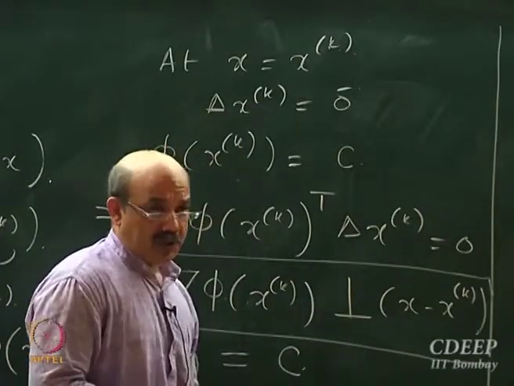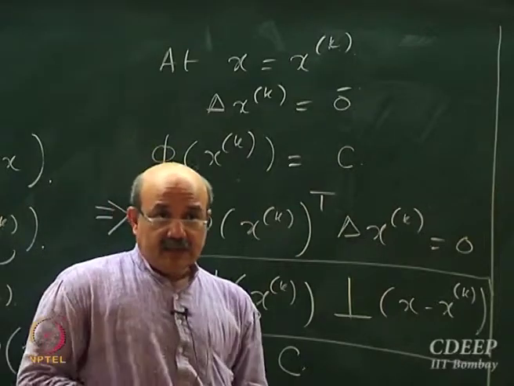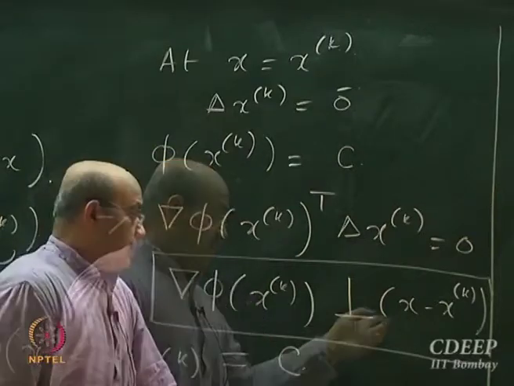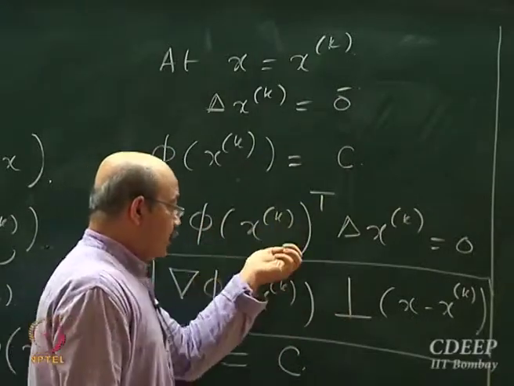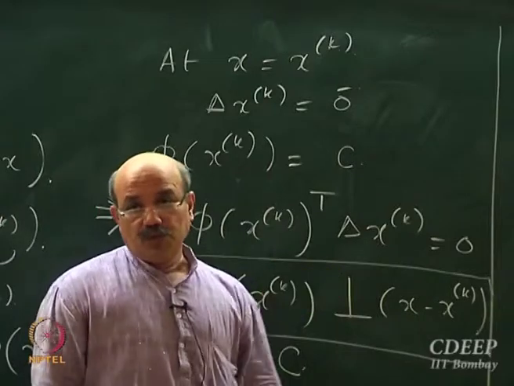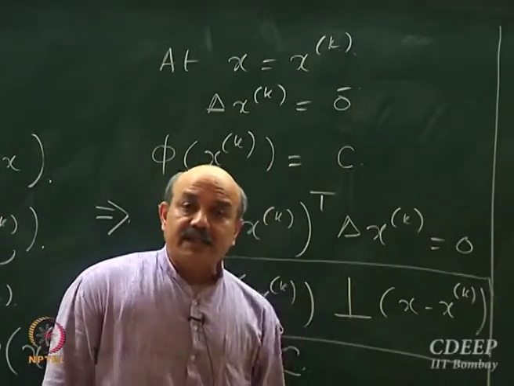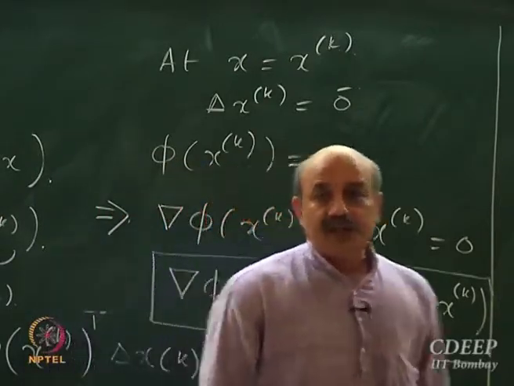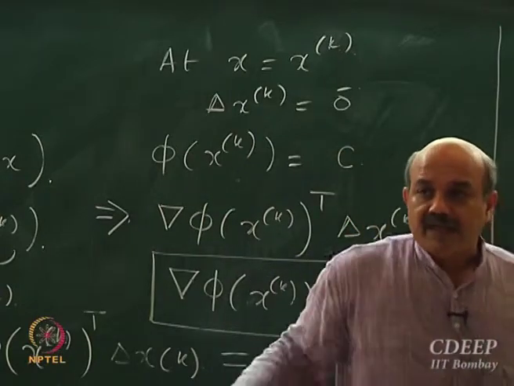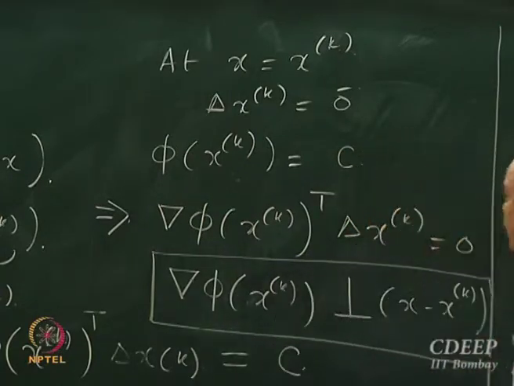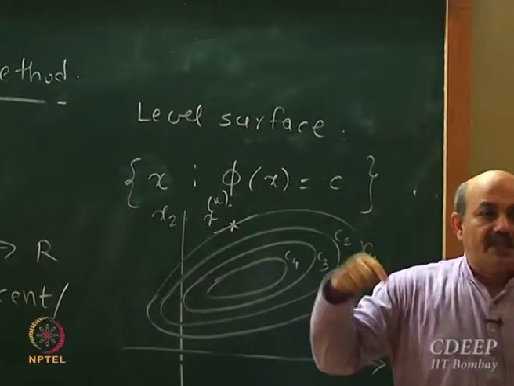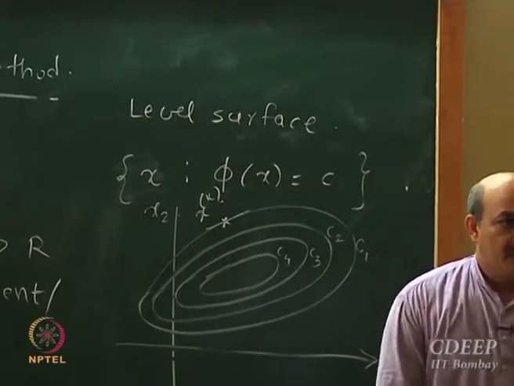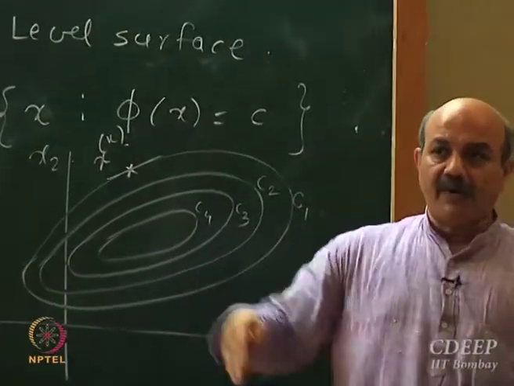What I want to show here is that this local behavior of the function in the neighborhood of the point xk can be used to find out the direction in which function decreases at the maximum rate. If I am at xk, let's go back here. What I am doing, I am minimizing phi.